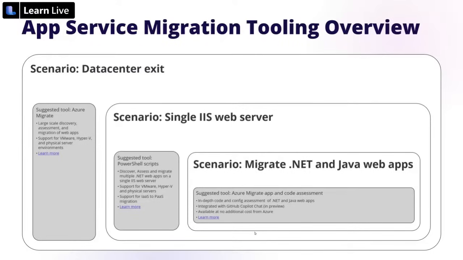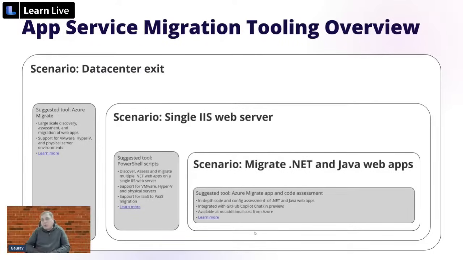What that means is, what's the port that your web application is hosted on, what's the kind of authentication, to give you some examples. And finally, you could even perform a bulk migration where we let you package all your code and config and then deploy on individual web applications in App Service.